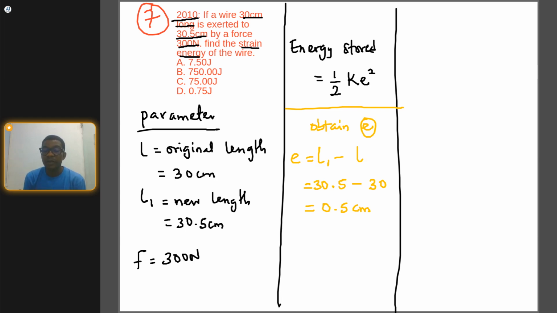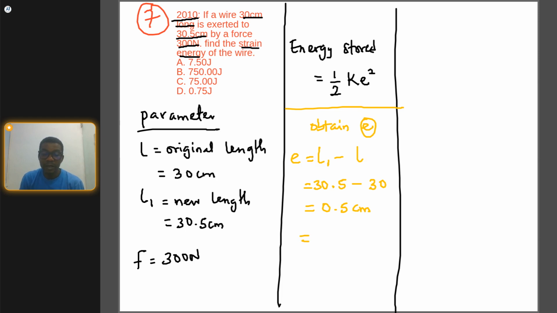Please take note, because when you are using centimeter, one thing about JAMB is that you are going to see the answer inside the option, and you will think you are right. No. Always take note that when you are dealing with length in physics, it is always measured in meter. So whatever you are given, whether kilometer, centimeter, or millimeter, you have to convert it back to meter before you solve the question. If you use it that way, you're going to get an inaccurate answer.